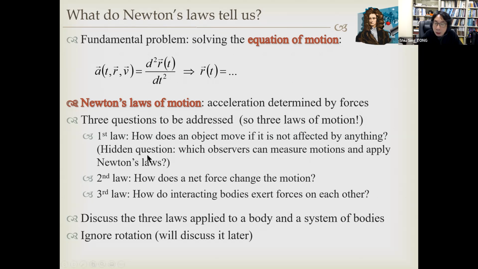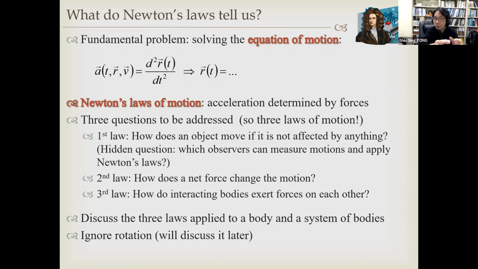But there is a deeper, hidden question here. In general, instead of just asking how the object would move if it's not affected by force, the hidden question is which observer can measure the motion and apply Newton's law? Because if you measure the motion of the object, you have to have a reference.